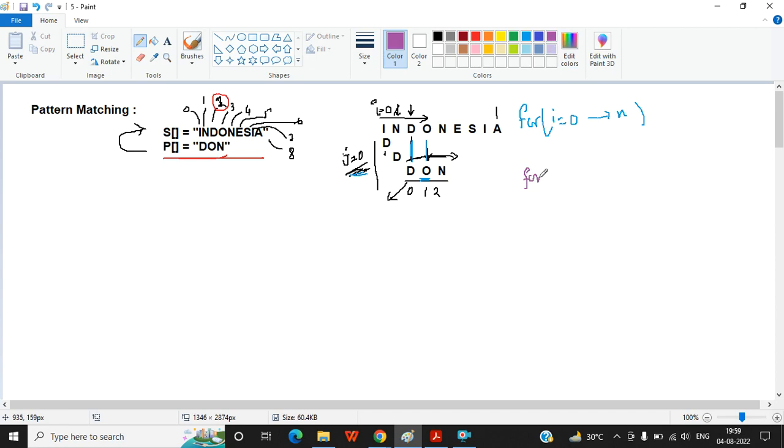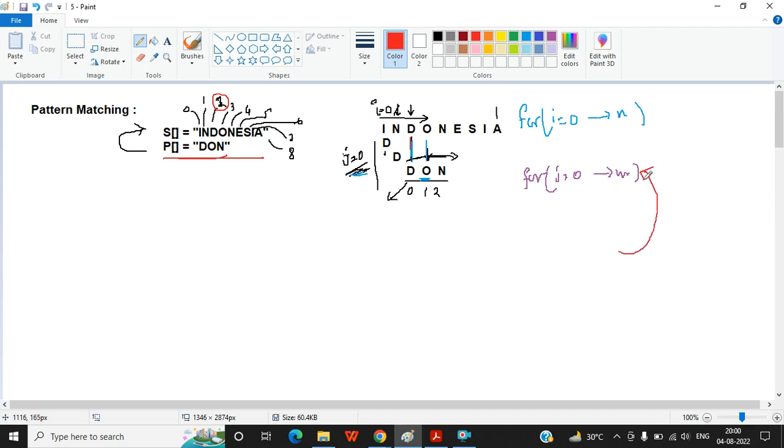This inner loop will be your for j is equal to 0 to m, right? But think, it is a match in the ith loop and jth loop: the ith element of this string and the jth element of this string. This is a match. Then what we will do? We will return the position.